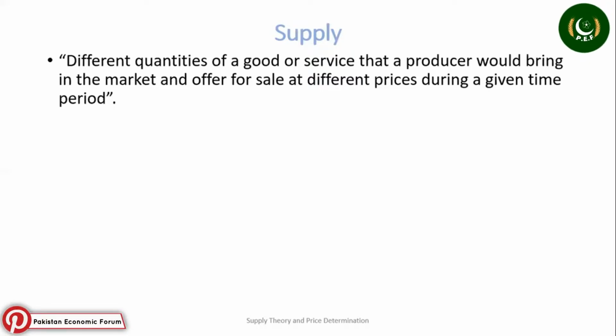Students, when we say that a producer is ready to sell a specific quantity of a commodity at a specific price, it automatically shows his or her willingness to do so.